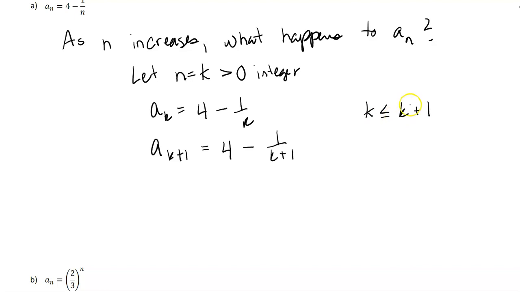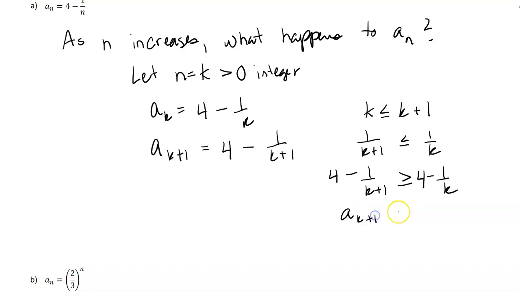And if you have a larger denominator, that means the fraction itself is smaller. So 1 over k plus 1 is less than or equal to 1 over k. If I multiply both sides by a negative, I have to change the sign. And then if I add 4 to each of those, I get that 4 minus 1 over k plus 1 is greater than or equal to 4 minus 1 over k.